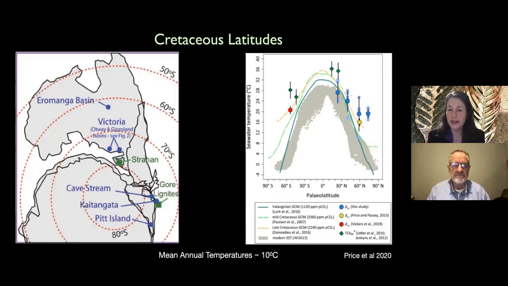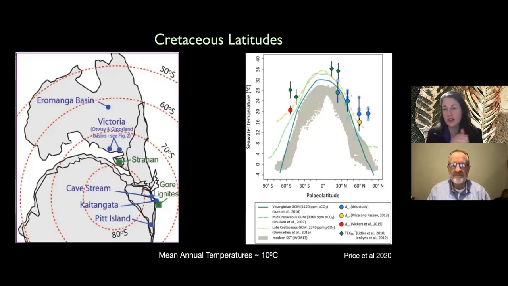And really fascinating to also see that the latitudinal difference between the equator and the poles was so much less than what we're seeing today. So you see this on the right-hand side, the fuzzy gray curve showing huge difference between 28 to 30 degrees mean annual temperatures at the equator, of course, and 0 or negative even down at the poles, whereas the dotted green line shows the mid-Cretaceous at this time.